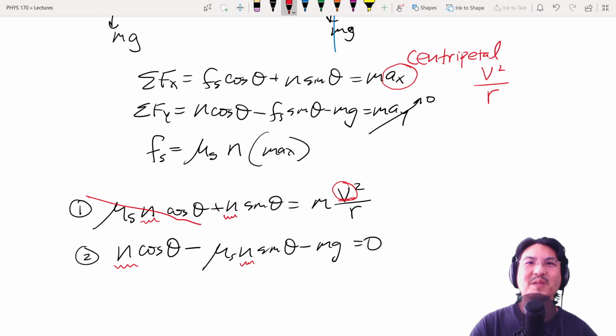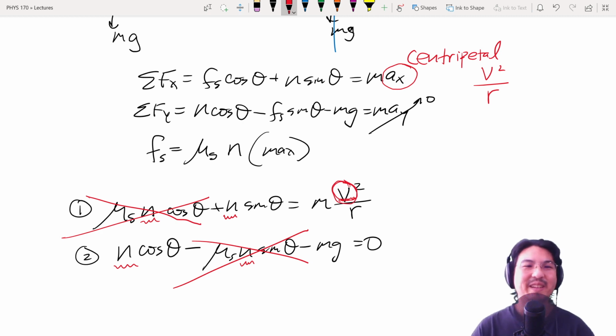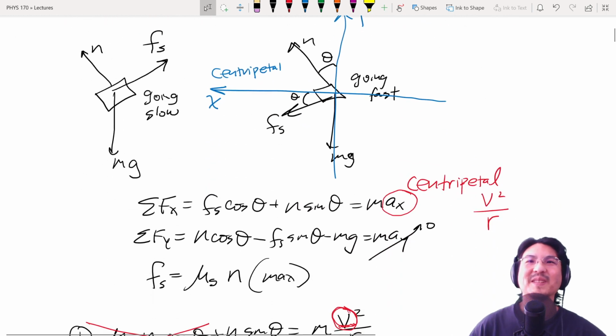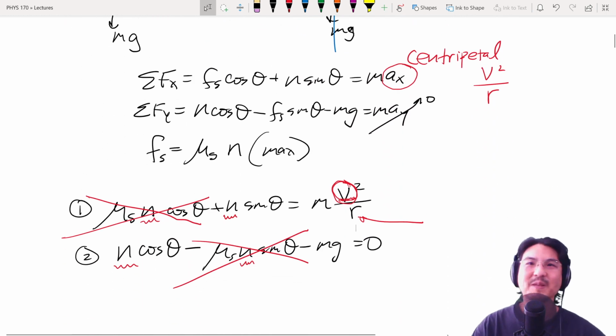So you would just cross this out. There's no friction. And then you have your speed limit, say 25 miles per hour. Now I'll solve for the radius that you should choose for the off-ramp. Give this problem a try, and let me know how it goes. I'll see you on the next video.